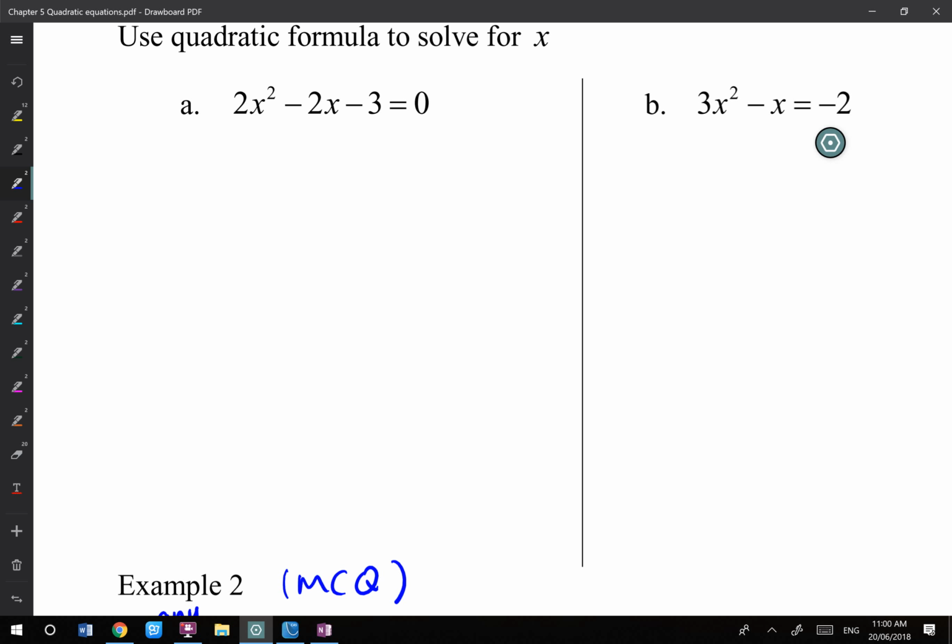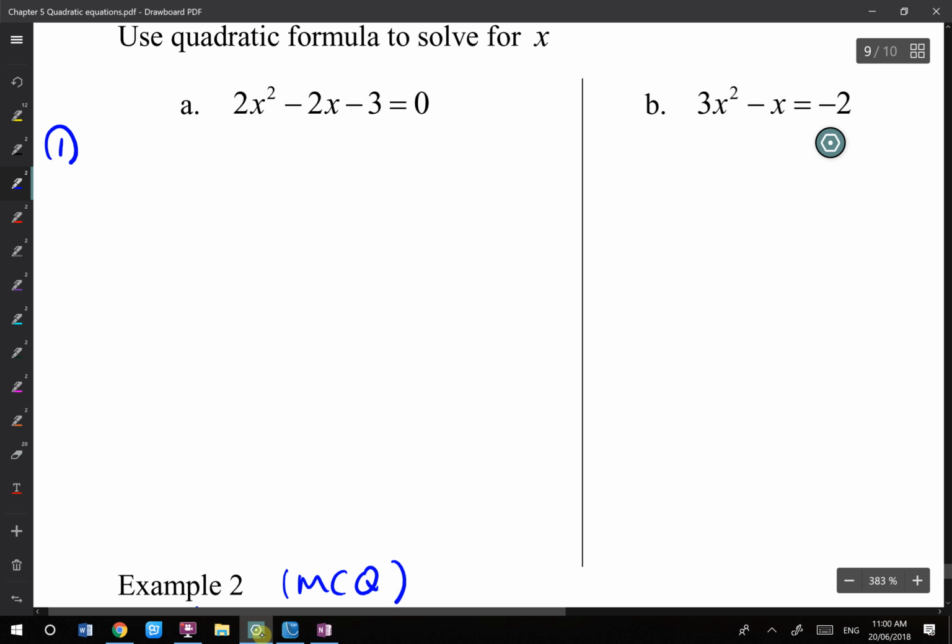I can do three things. I can factorize it. I can complete the square and then factorize by myself.